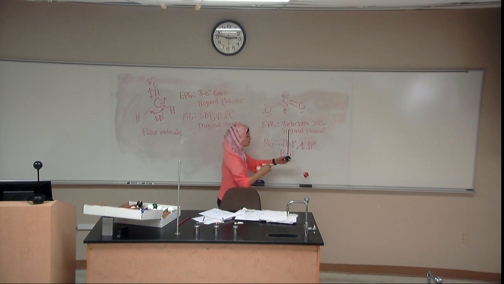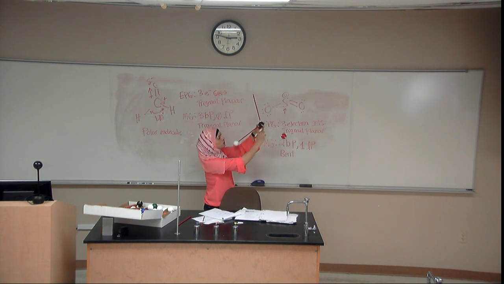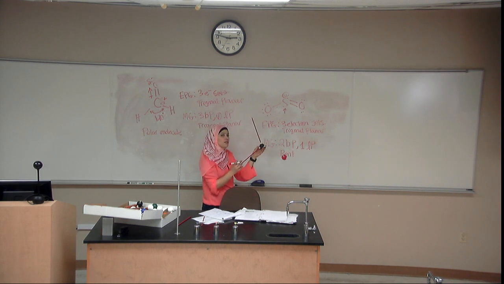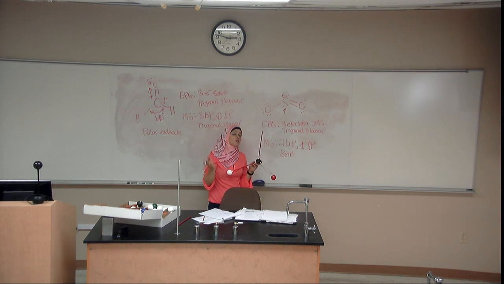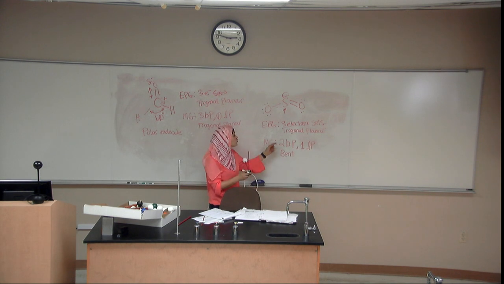Can't you see how this looks bent right here? So that's bent, right? But is it the same bend as we did for the tetrahedral series? No, because the bend that we did for the tetrahedral series was made up of 2 bond pairs and 2 lone pairs. This has 2 bond pairs and 1 lone pair.